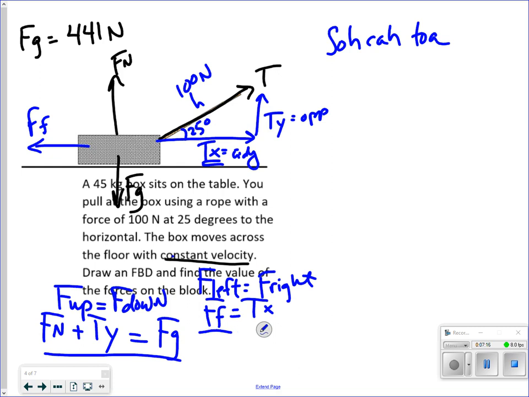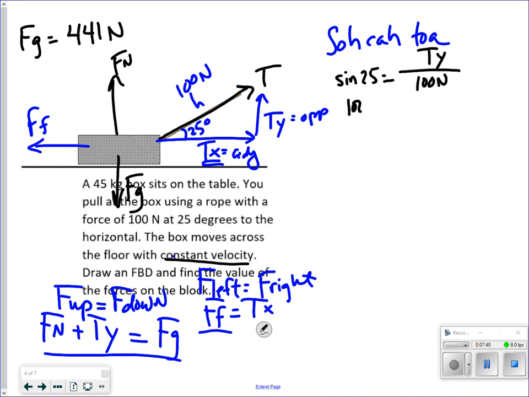Okay, so I'm going to do the math over here. Pick a different color, so maybe it'll be a little bit easier for us to see. Let's start with the triangle, because I can figure out a bunch of stuff from my triangle. Okay, so let's start with sine. Sine of 25 equals the opposite over the hypotenuse, so Ty over 100, because that's my hypotenuse.